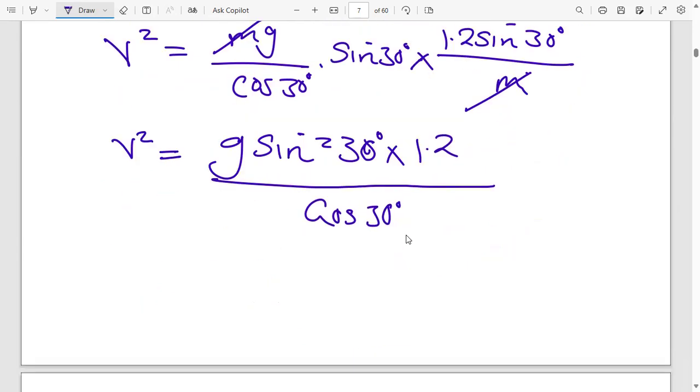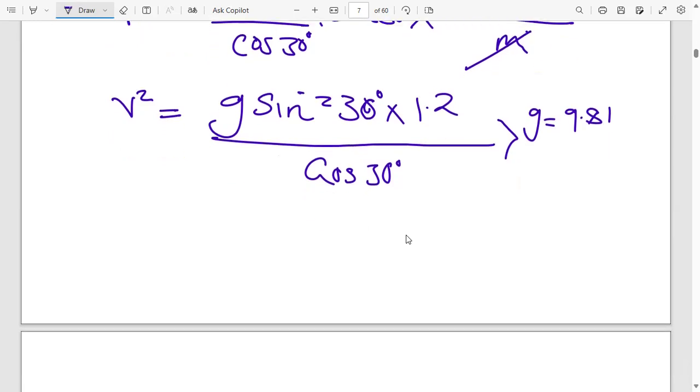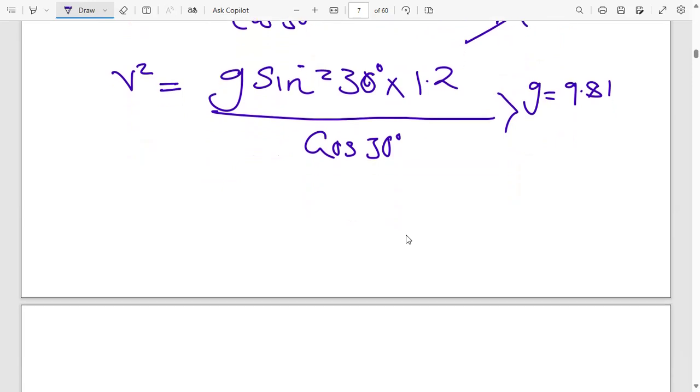Okay, from here, where else can we go? We know that gravity is 9.81, so G is equal to 9.81, like that. So are you able to find the V from this part? Can you find the V? Let me try to find it.